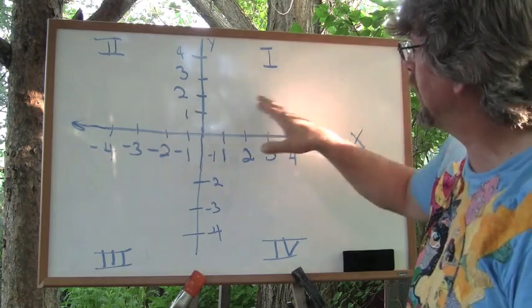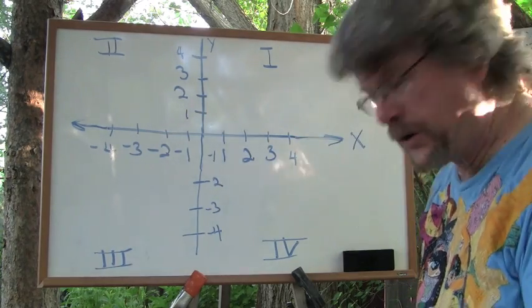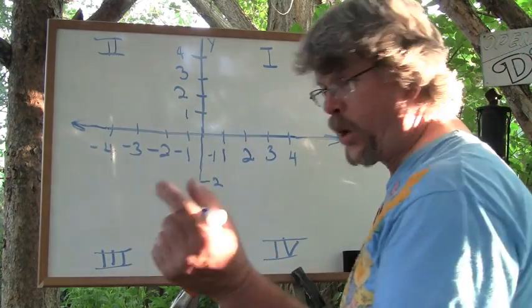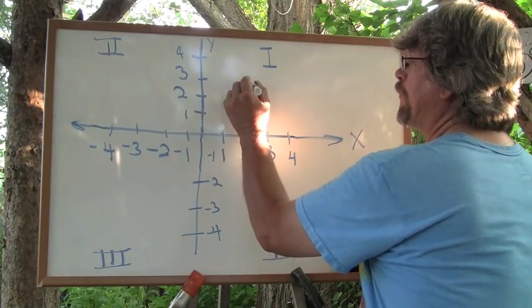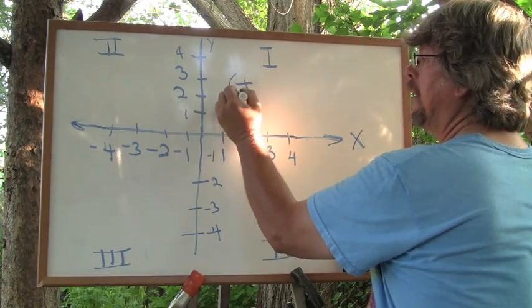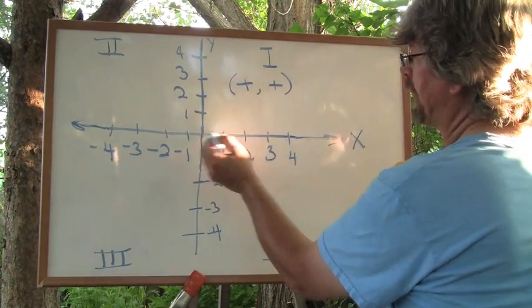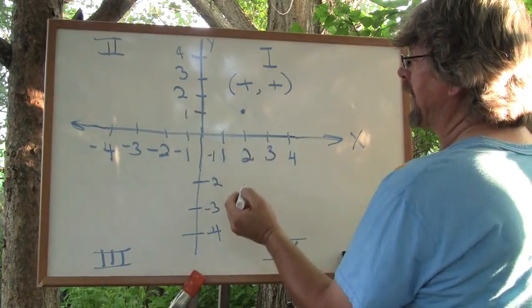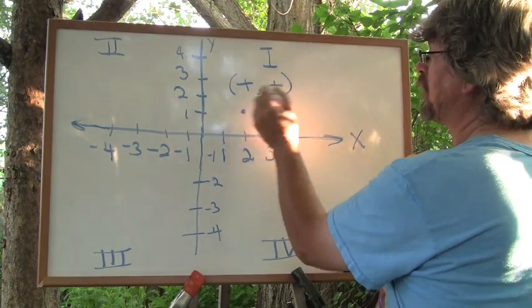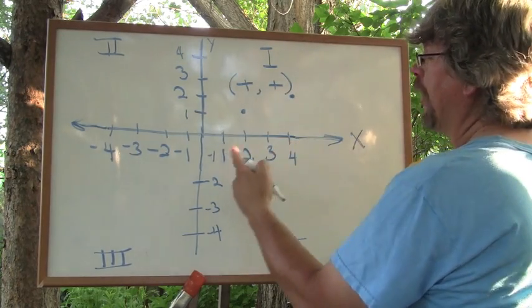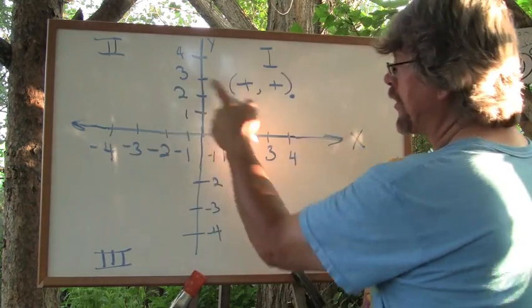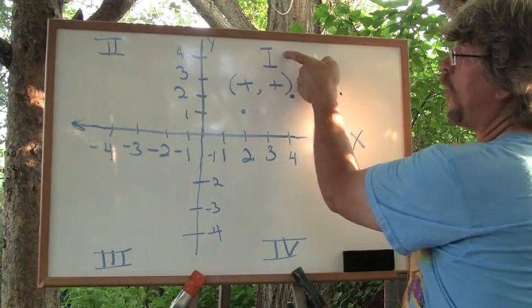In quadrant number 1, we have a positive number and a positive number. If you have 2 and 1, there it is. If you have 4 and 2, there it is. All of the positive coordinate pairs are in quadrant number 1.